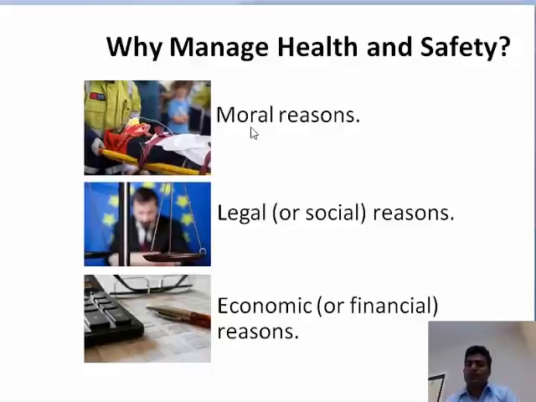And moral, what is moral? Suppose you are working at the workplace and there are many workers under you, and if anyone is injured, then as a human being you can't bear to see the pain of others. If another person is injured, then as a human you can't just watch. So the moral reason also promotes a good standard of health and safety at the workplace.